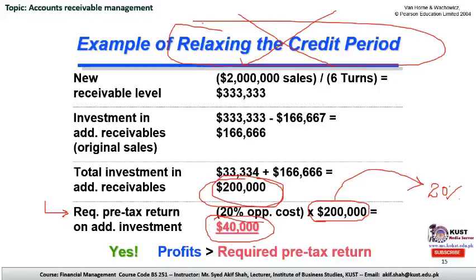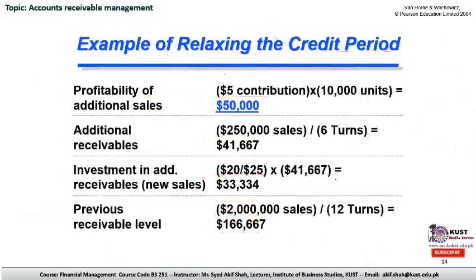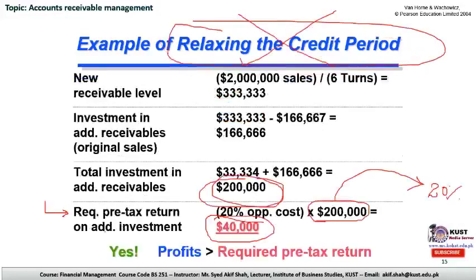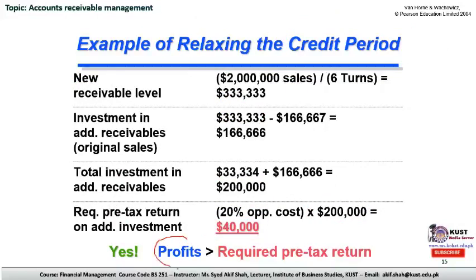However, if we relax our credit period, then the additional profitability because of this credit policy relaxation is actually $50,000. Hence, we can conclude our decision that the total profit realized after relaxing the credit period is greater than the required pre-tax return of $40,000. That is, $50,000 of profitability is greater than $40,000 of required pre-tax return.